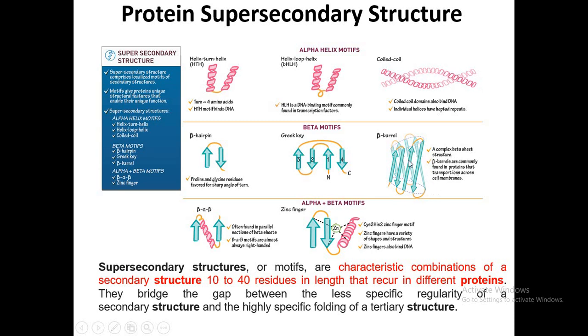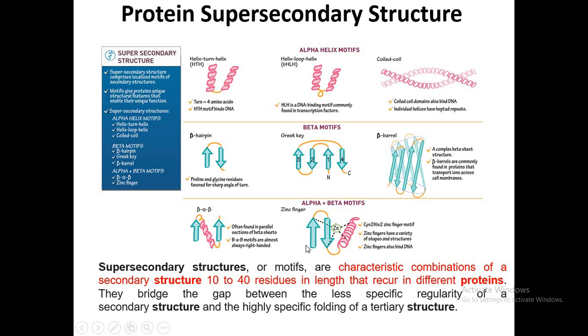In this beta barrel, which is a type of super secondary structure, how is it formed? It is formed by the joining of multiple beta sheets via loops.